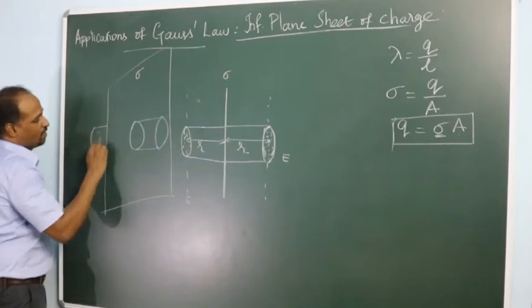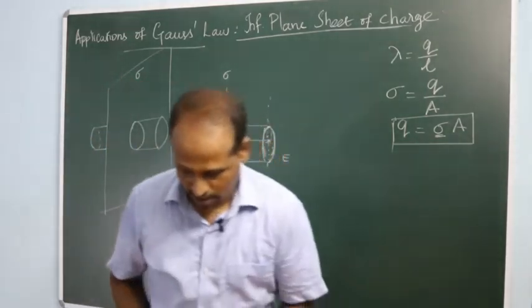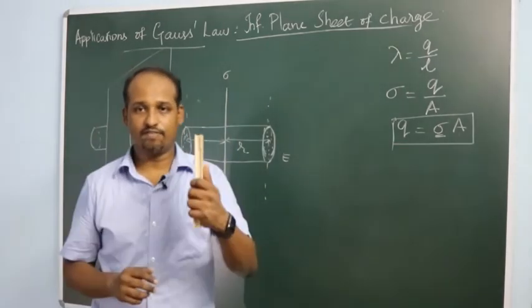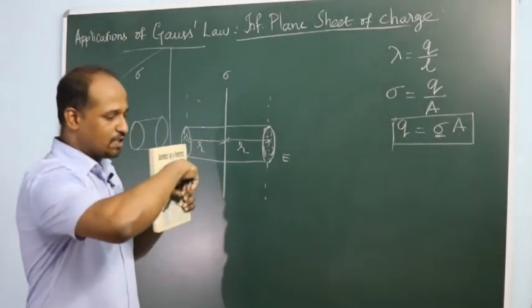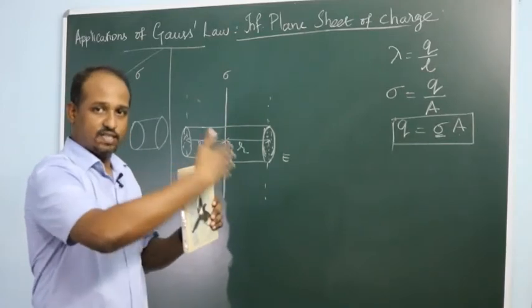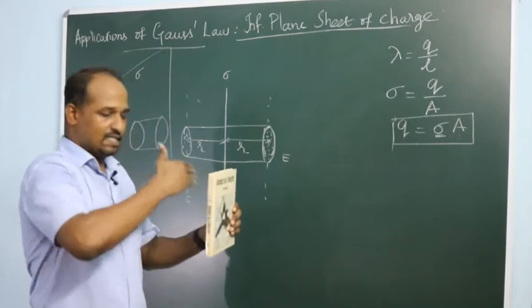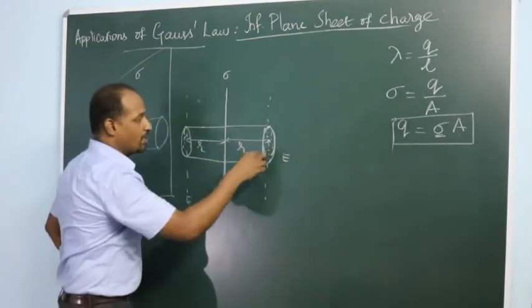You have a sheet of charge, and the cylinder passes through it and comes out of this, and at this point a cap is there, at an equal distance. If it is at distance r, this cap is there, and at the same distance r the other cap will be there. So the electric field at all points will be the same.